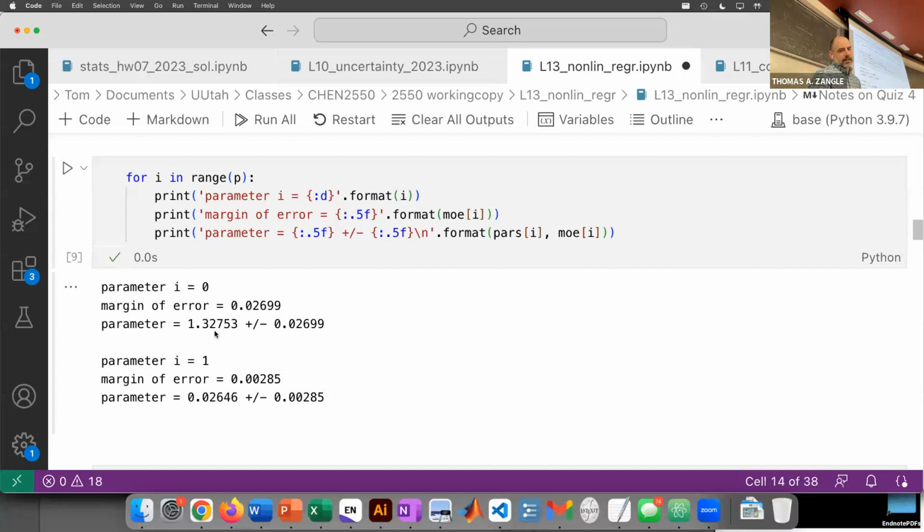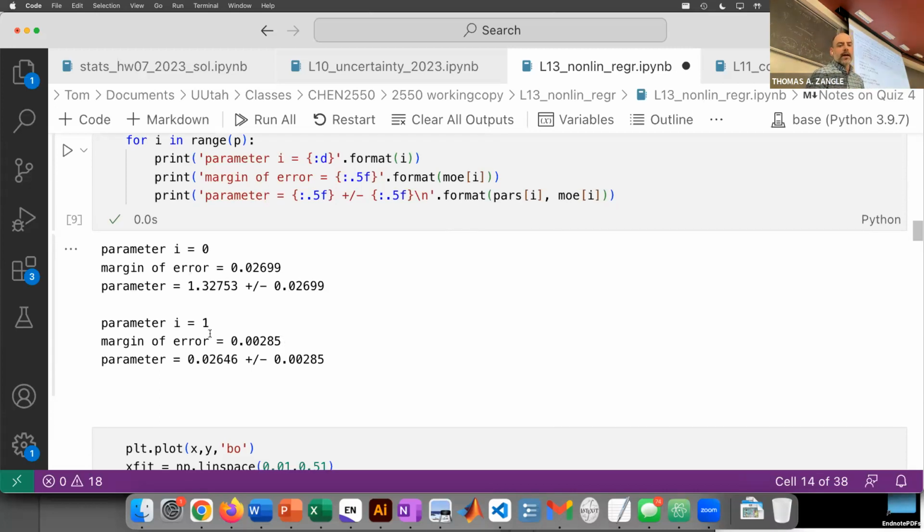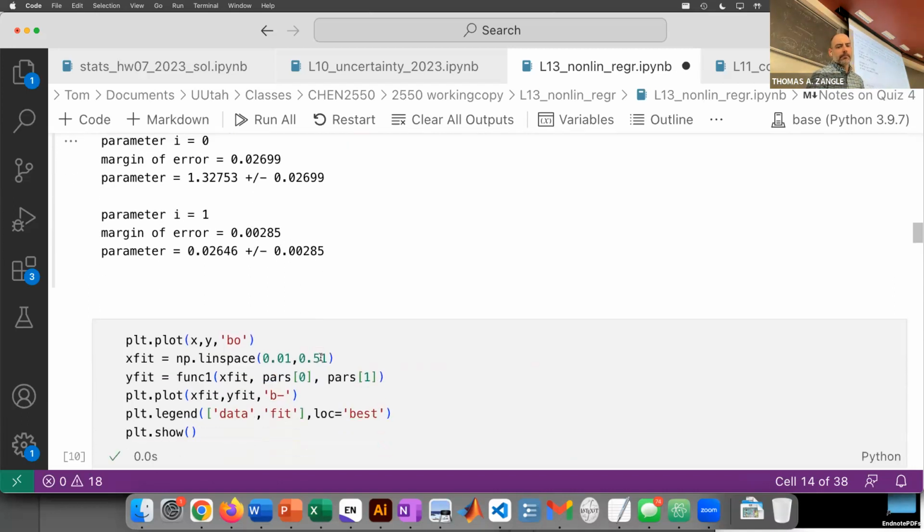So in this case we have 1.33 plus or minus 0.03, which is probably how I would format it in terms of significant digits. And for the second parameter, we had 0.026 plus or minus 0.003 for our output.